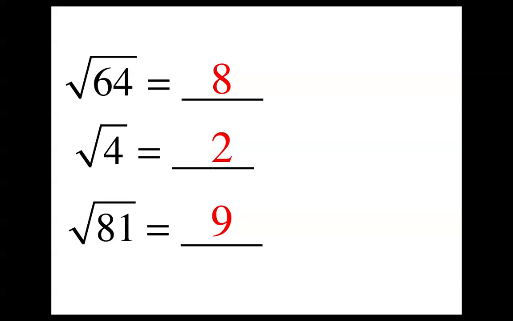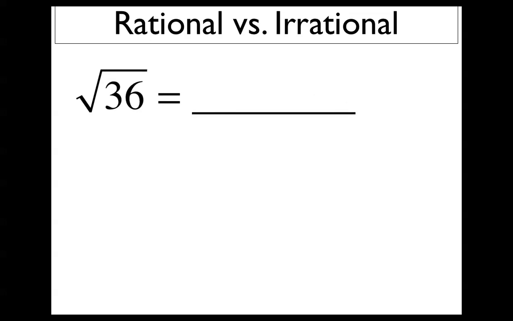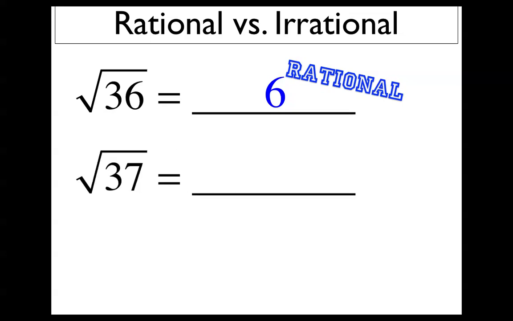Is anything irrational? Well, here's another example. If you had the square root of 36, that would come out to 6 because 6 times 6 makes 36. 6 is a perfectly rational number, so the square root of 36 comes out rational. But if you had the square root of 37 instead, nothing times itself makes 37. 37 isn't a nice square of a number.